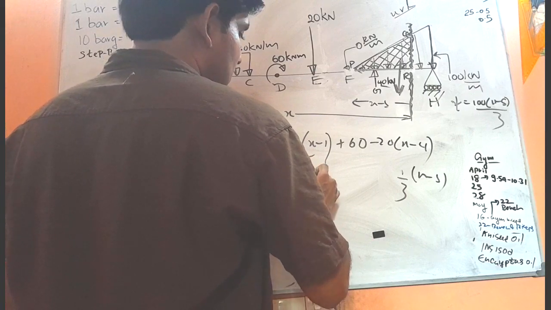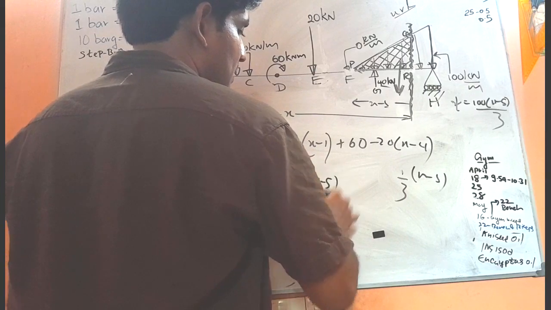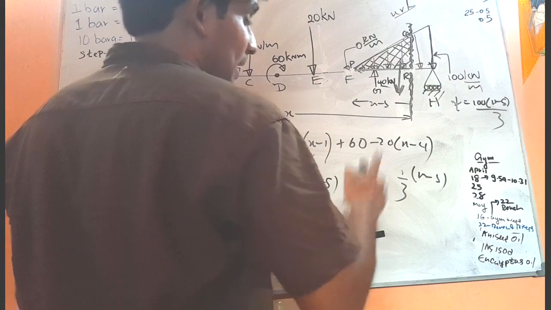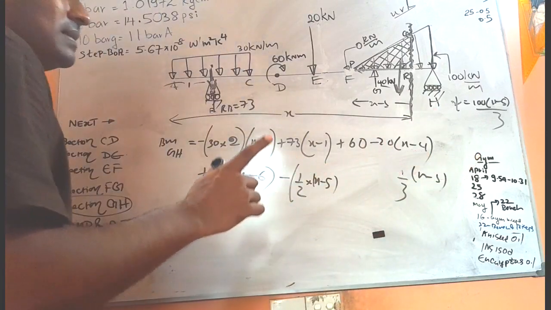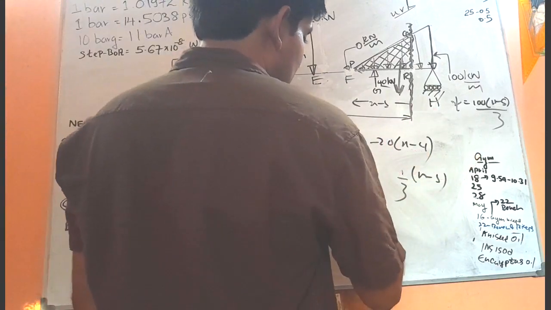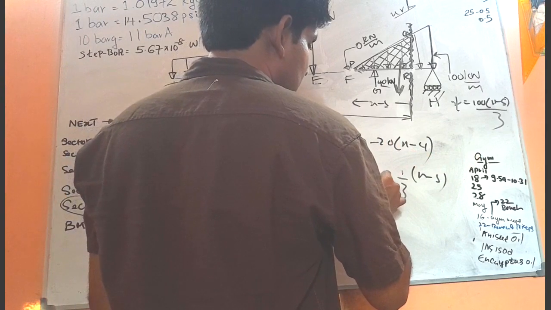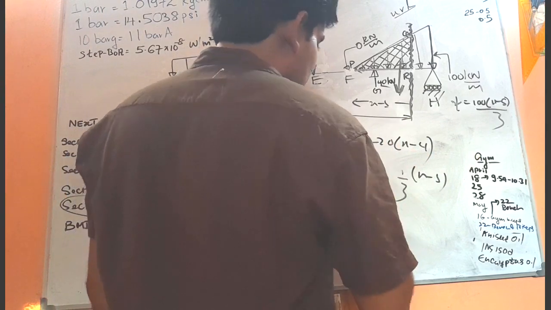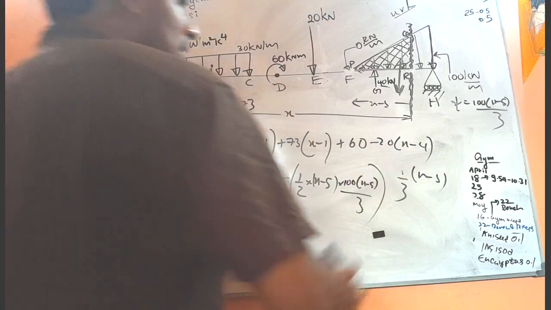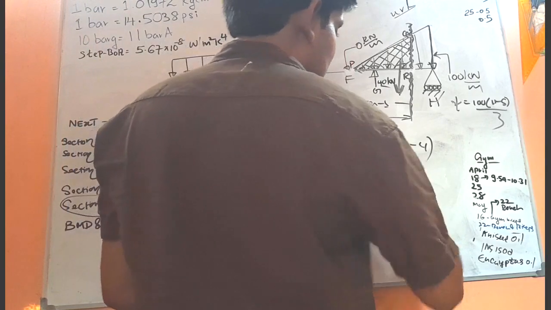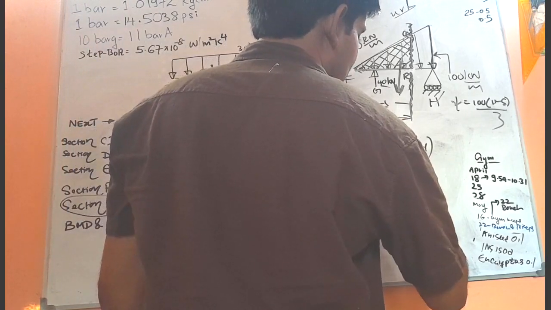What is the base? X minus 5 is the base. What is the height? Wait. Height will be 100 times x minus 5 divided by 3. And what is the perpendicular length? That will be x minus 5 divided by 3.